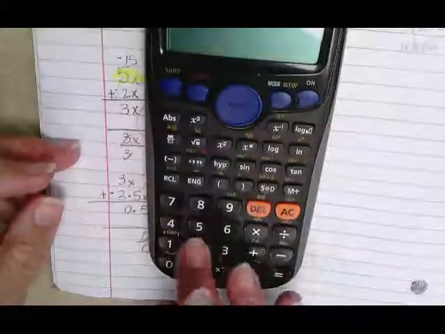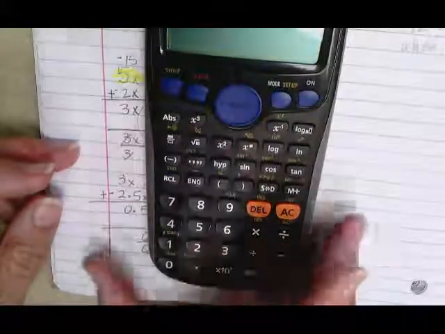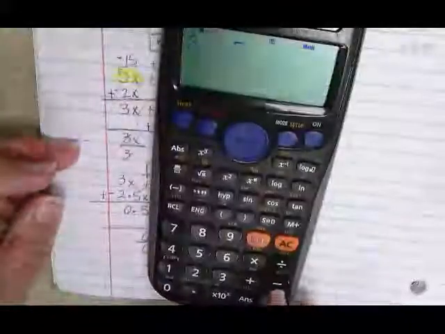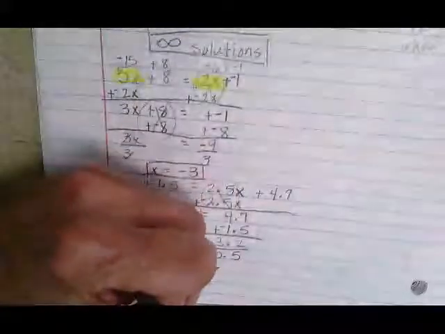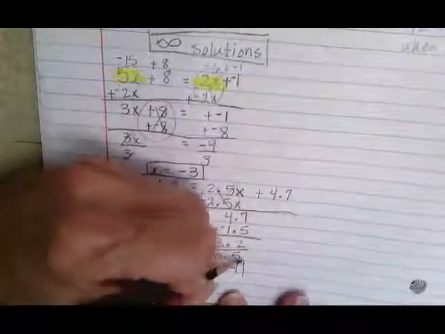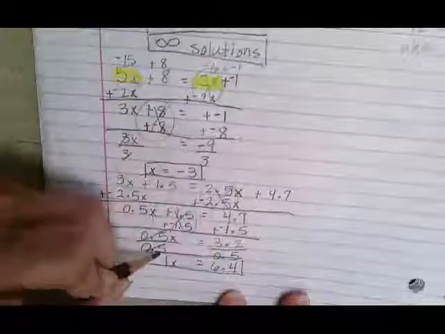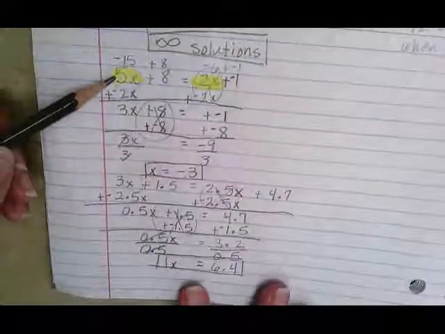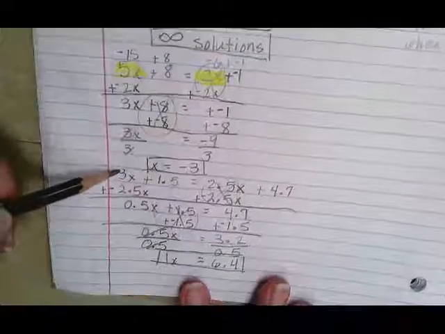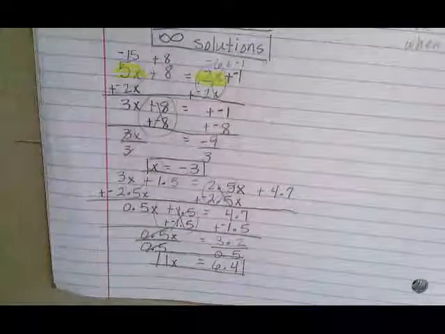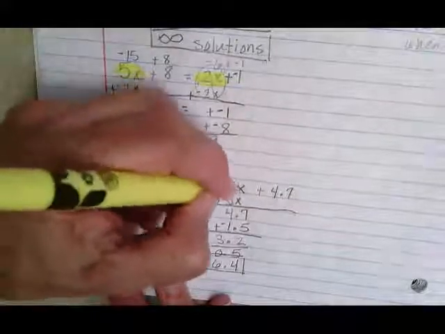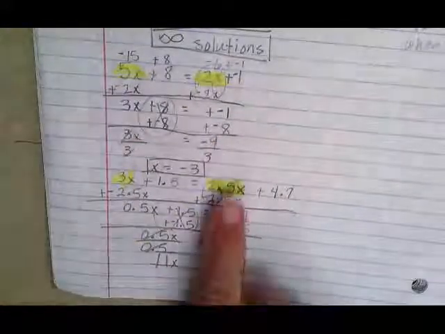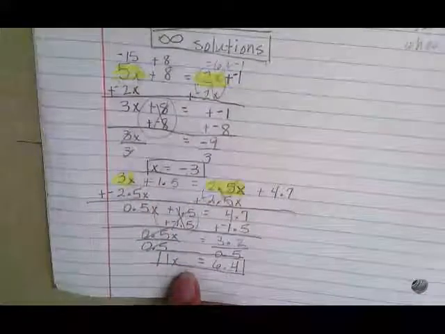So 3 2/10 divided by 5/10 is equal to 6 4/10. So x is equal to 6 4/10. I have one solution here. And that makes sense because when I look back up at my problem, remember I had an unequal number of x's on each side. That's what would lead me to believe that I have a solution.